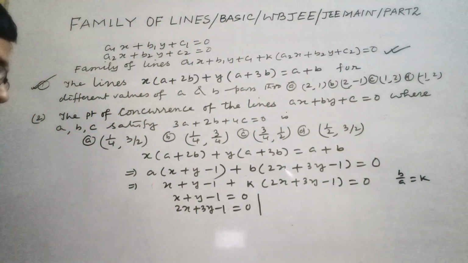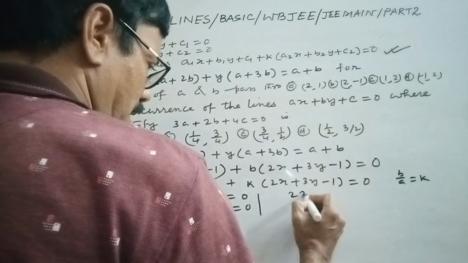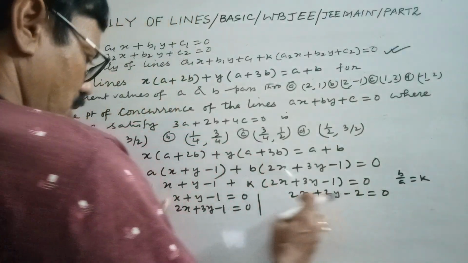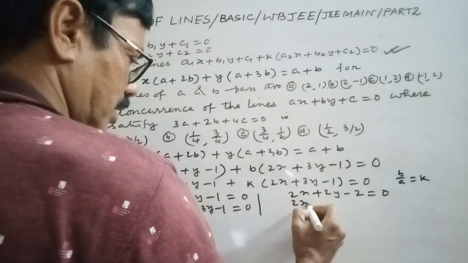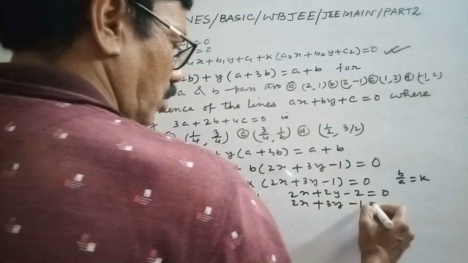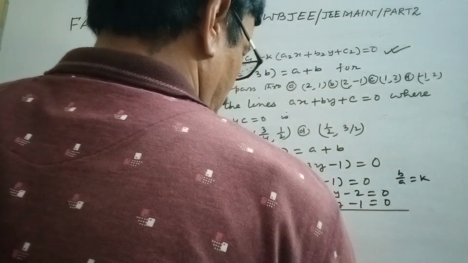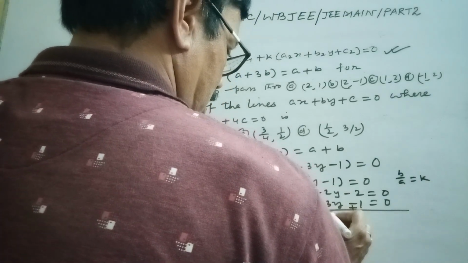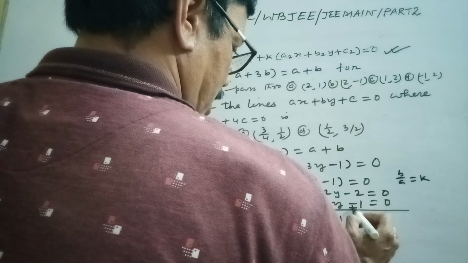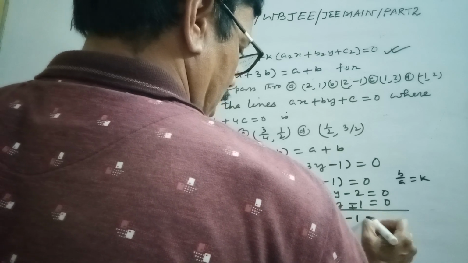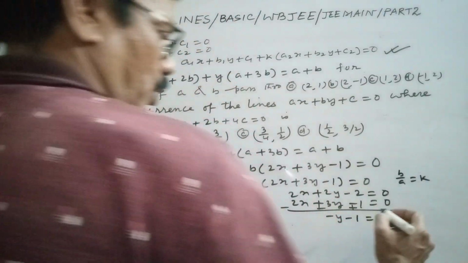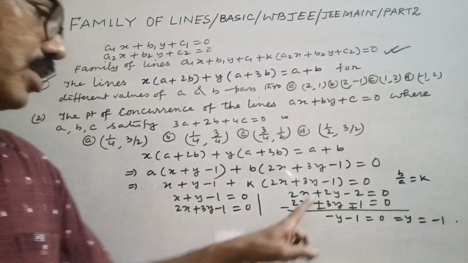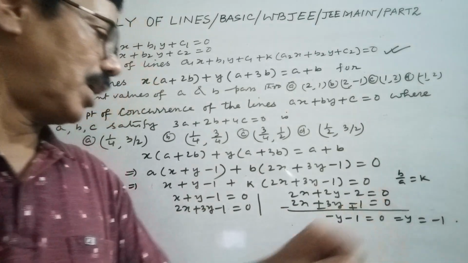Now you solve it. This is 2x plus 2y minus 2 equals 0. Multiplying by 2, and the other is 2x plus 3y minus 1 equals 0. If you subtract, this is minus y, and this is minus 1 equals 0.